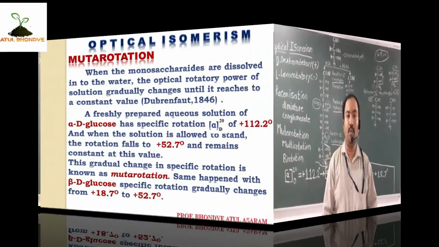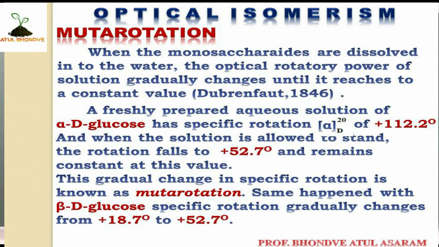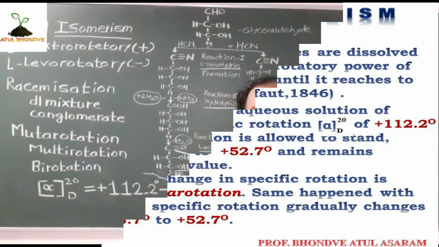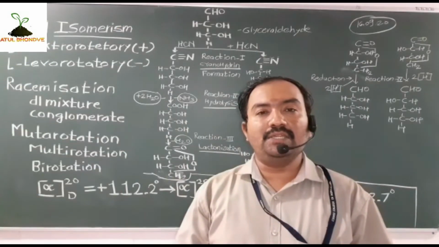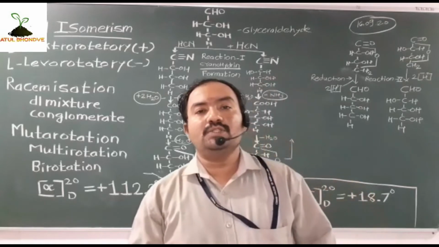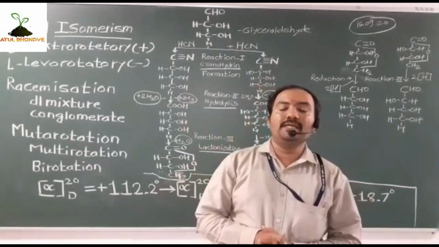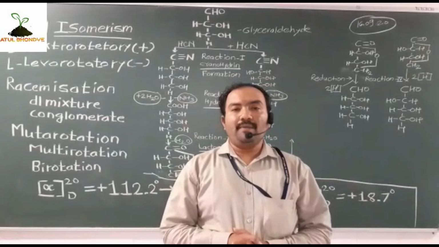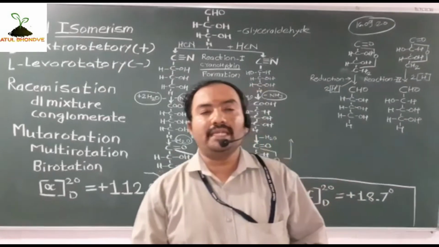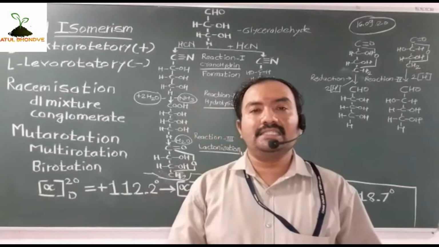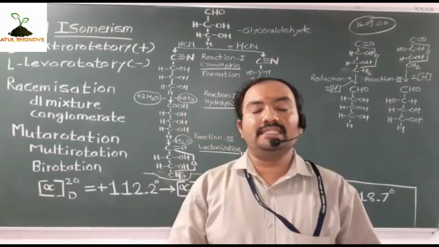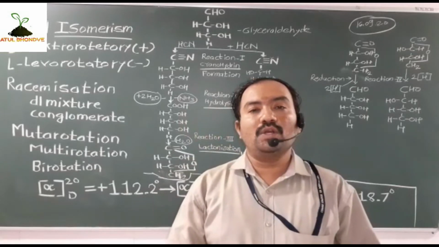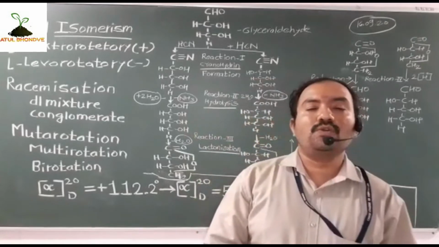The next concept is mutarotation. The concept of mutarotation was discovered by the scientist Dubrunfaut in 1846. According to Dubrunfaut, when an aqueous solution of carbohydrates, which are optically active compounds, is prepared, the specific rotatory power of the carbohydrate is initially high, and then gradually decreases, or gradually changes, to a constant value.